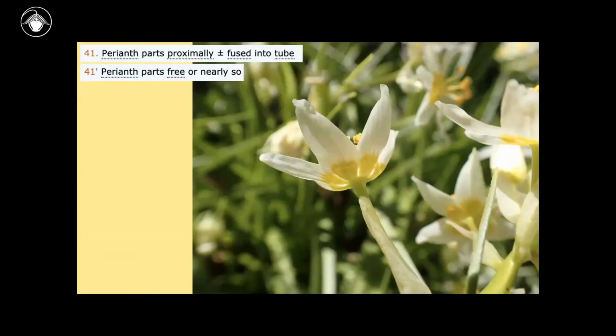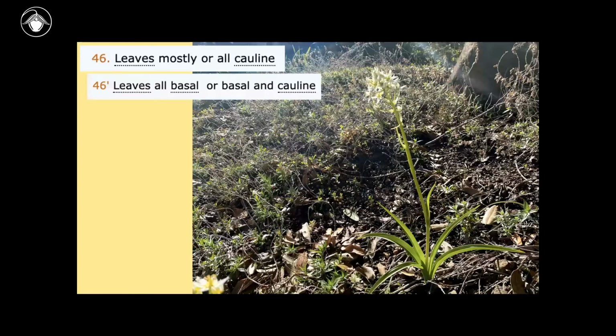Perianth parts proximally more or less fused into a tube, or perianth parts free or nearly so. We have free or nearly free perianth parts. Leaves mostly or all cauline, or leaves all basal or basal and cauline.